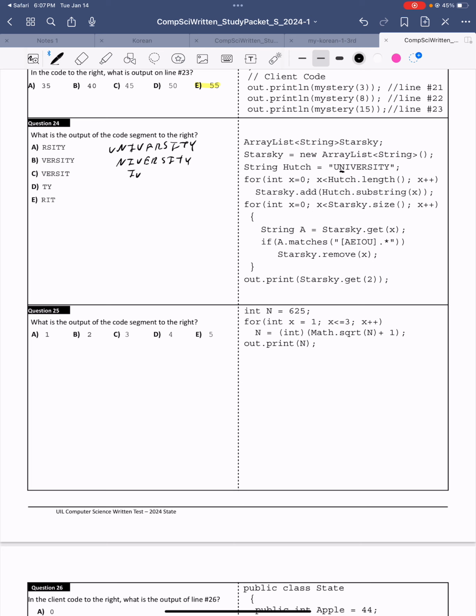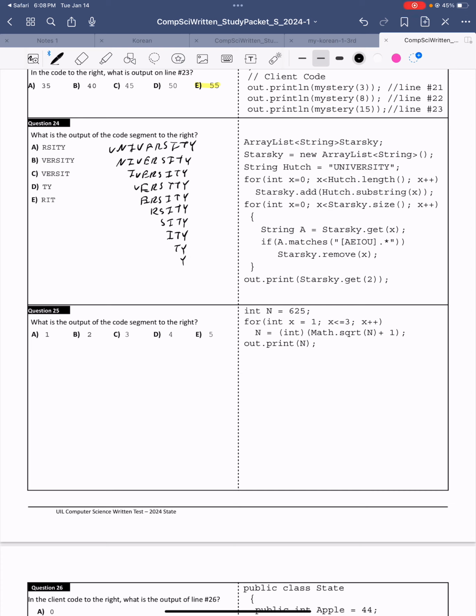And then university, then niversity, then versity, then ersity, then rsity, then sity, city... I don't know if I should be doing all of this, but I'm already done. Right, because we start at 0 and we want to add the substring from 0 onward, so it's university, and then we go 1, so 1 onwards, 2 onwards, etc., etc.